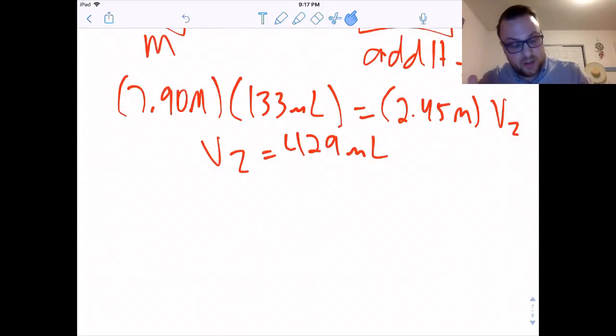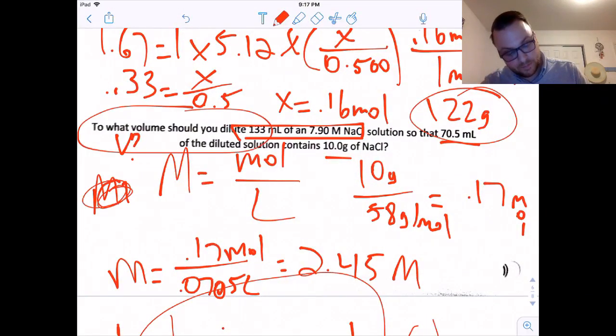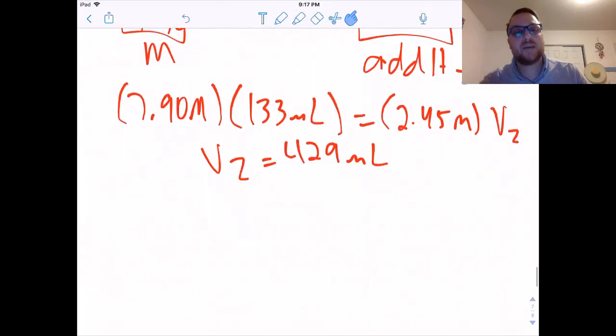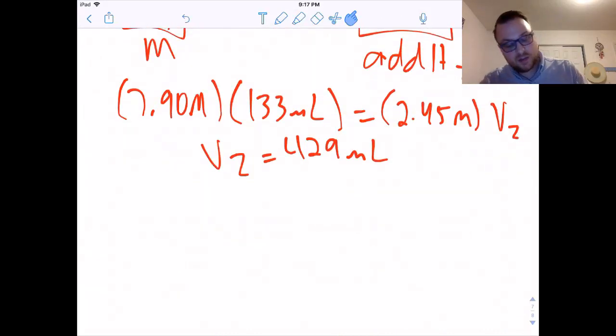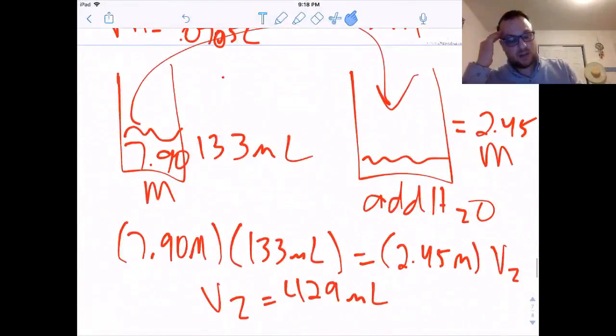what's your final volume? What if the question was, how much water do I need to add? So, if you have to know how much water you need to add, unfortunately, you're going to end up wasting your bottle of solution. If the question is how much water you need to add, and all you have access to is 133 milliliters of 7.9, realistically, you probably have an infinite amount of liters at 7.9 concentration.